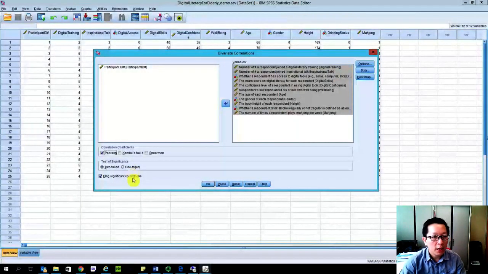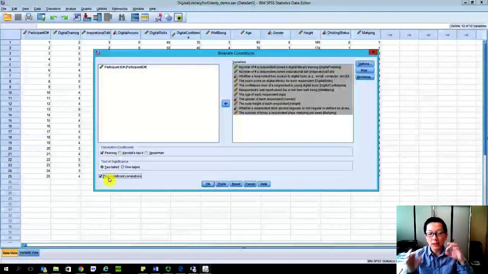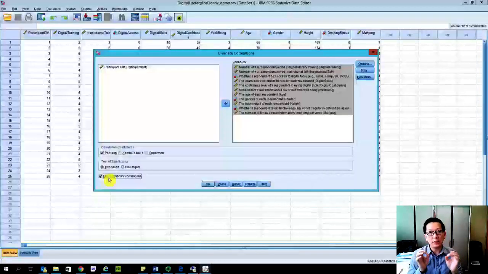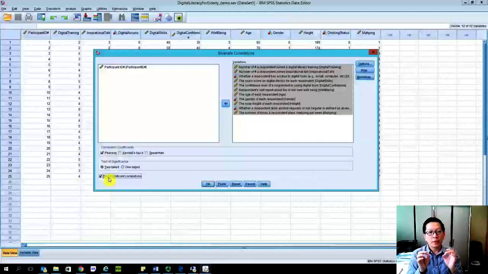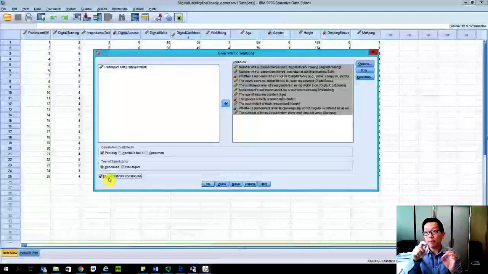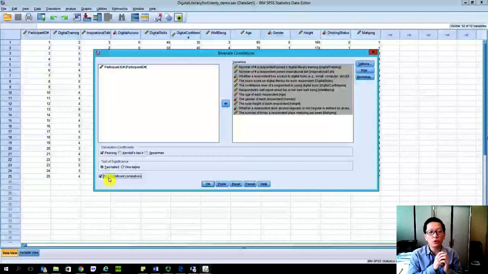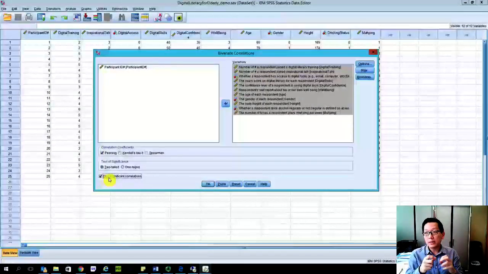So I use two-tail. I ask it to tell me which correlations are significant, which means the ones that are significant will be shown with a star. Remember, significance is about the p-value, which we talked about in our lectures 1 week and 2 weeks ago. P-value means a significance level.